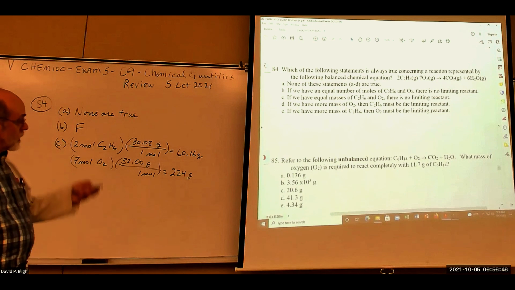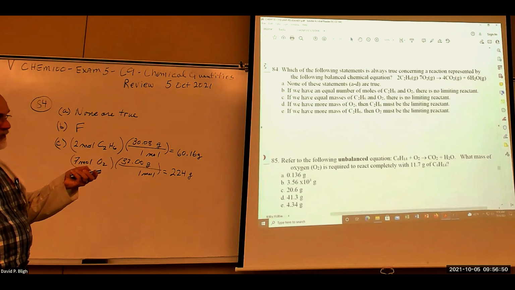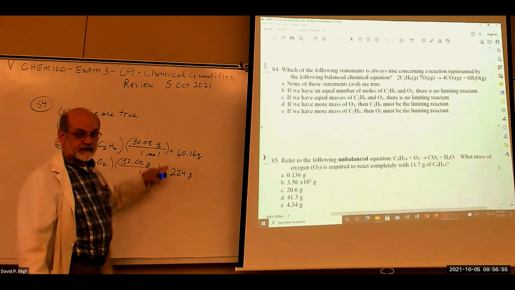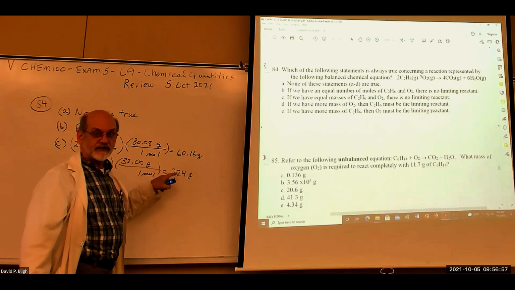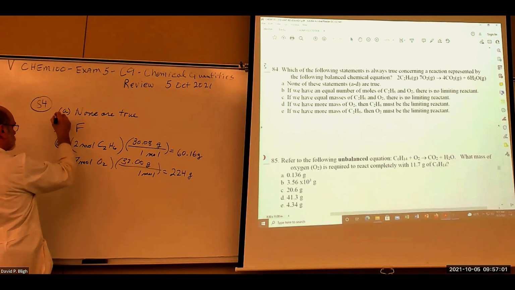Right? So go back to the question. If we have equal masses of these two, there's no limiting. That's not true. This ratio gives us different masses. So equal masses, one of them will run out. So this one is also false.